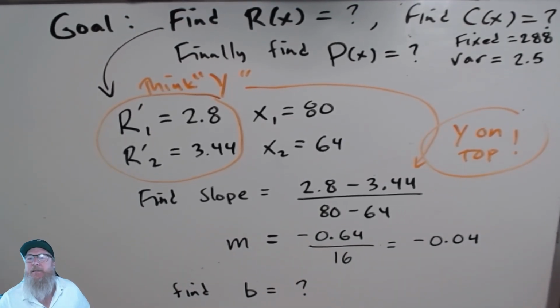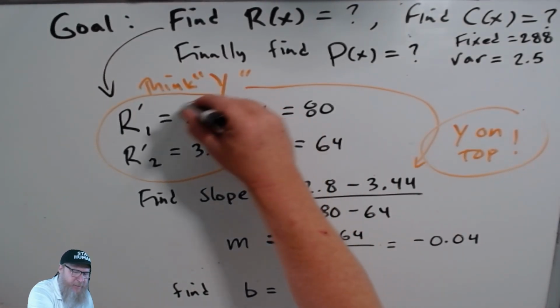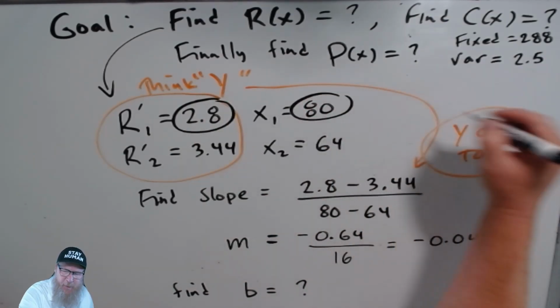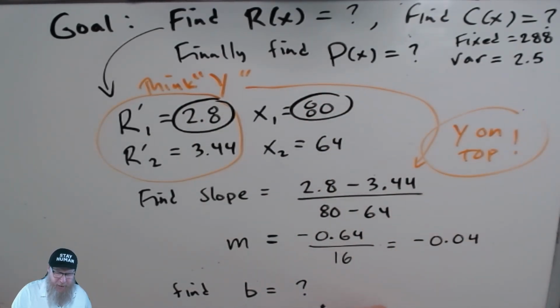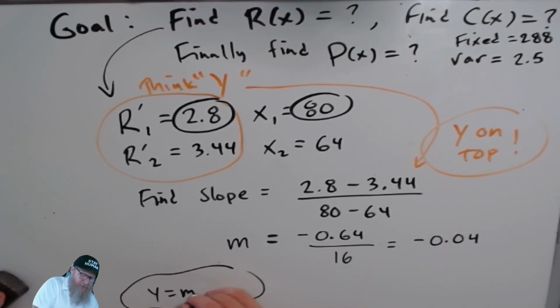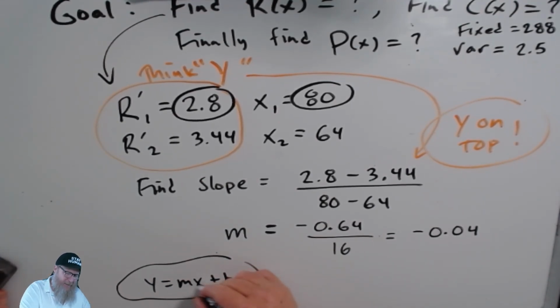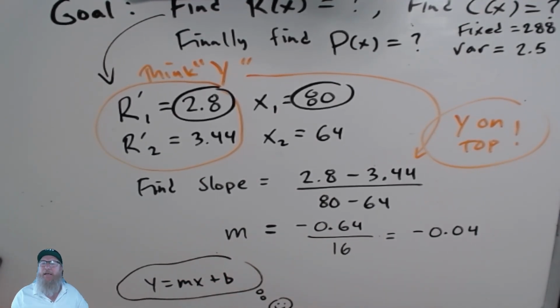There's several ways to do this. The most common way to do it is just to pick one pair. You have to pick a corresponding pair and then plug it in. Remember the formula y equals mx plus b from basic algebra. You get a lot of mileage out of this formula. You learn this formula in an elementary or sometimes an intermediate level algebra course. You just solve it.